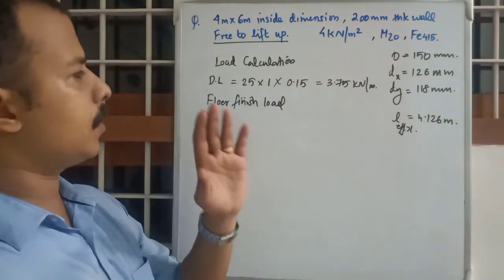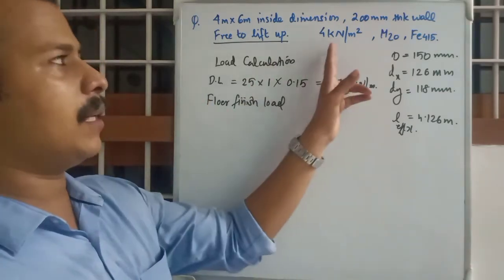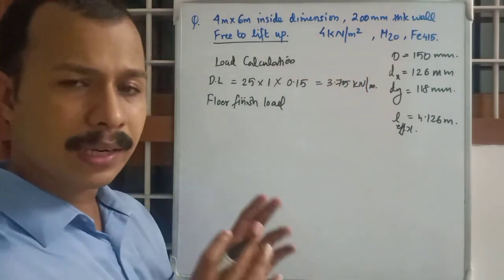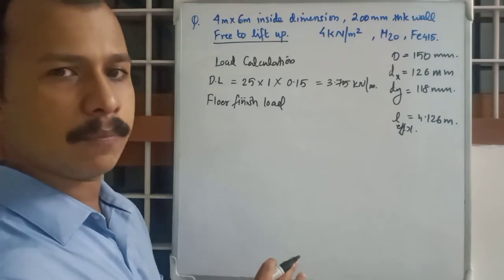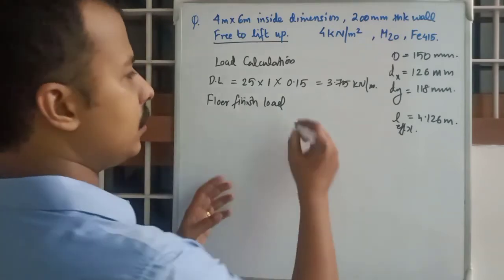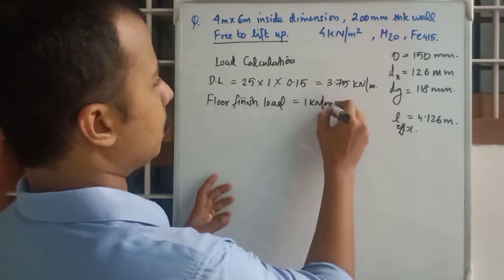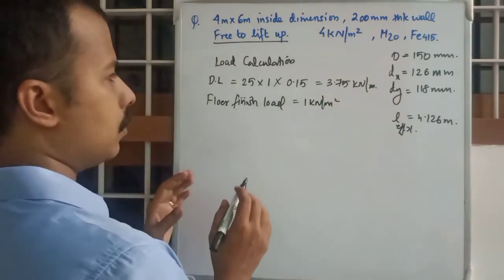Okay, so floor finish load. Maybe in your question it would have said that the 4 kilonewton per meter square floor finish load was included. If not, you can assume it has around 1 kilonewton per meter square.